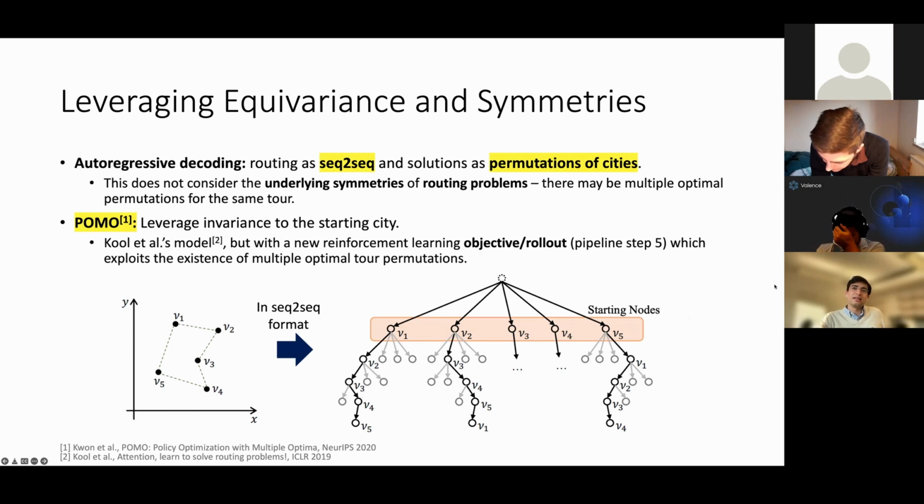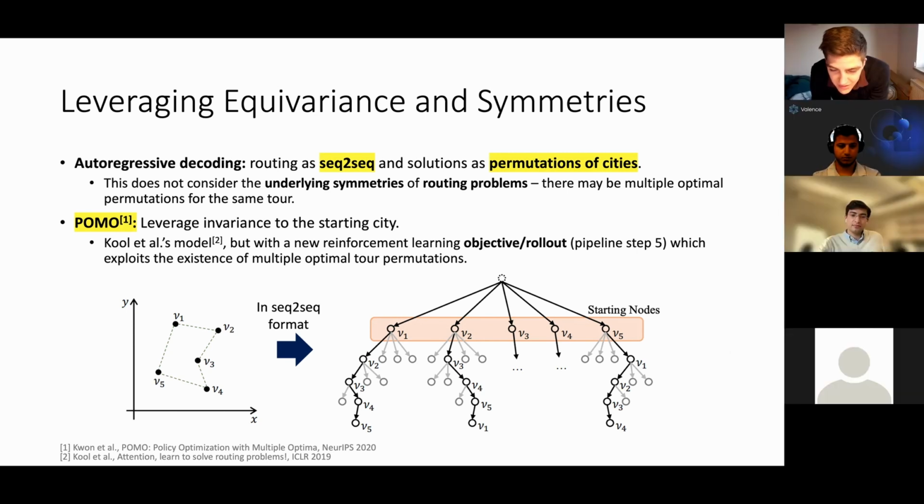And that allows them to significantly boost the performance of this model. Like, I see the point that if we were to start from every city and then just average the rewards from all the different starting points, then I see how this would give us the invariance.